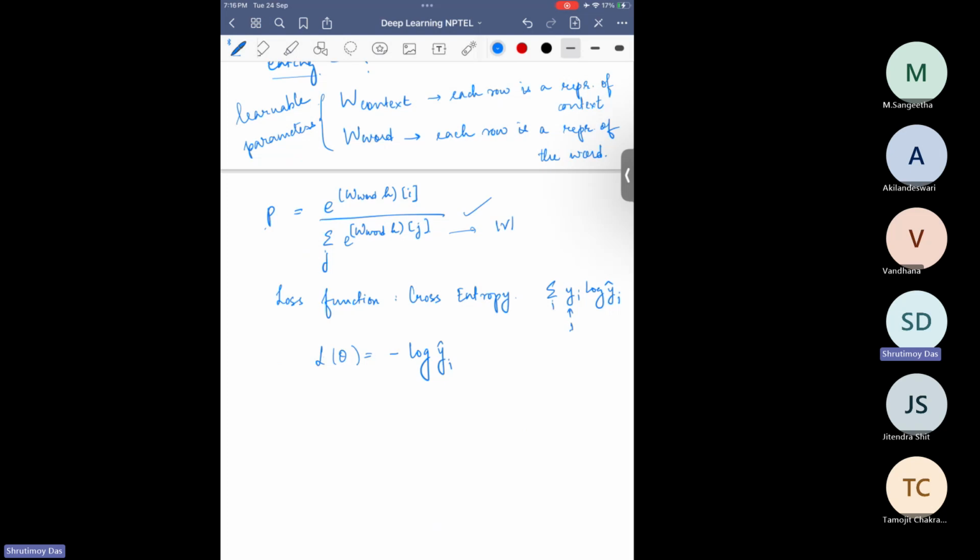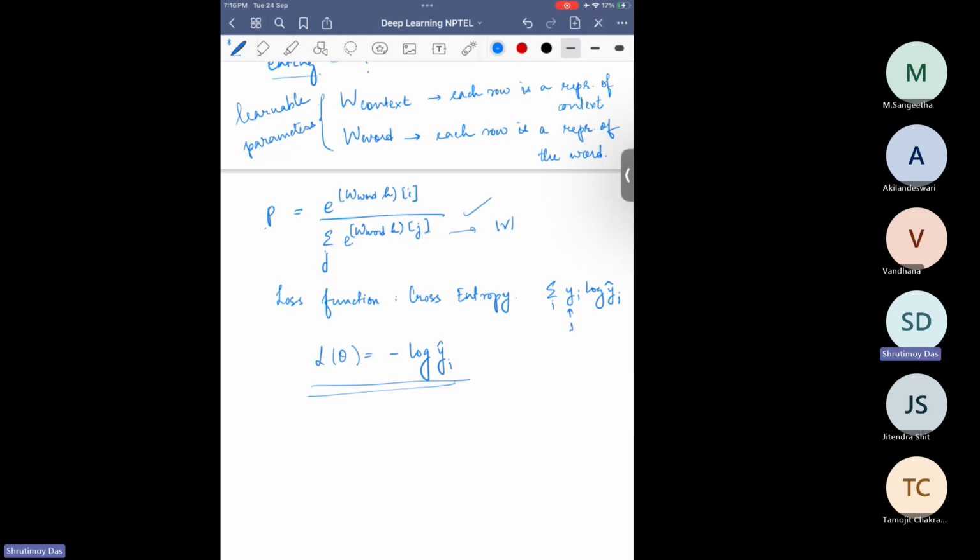If you put it in this equation, you will get some nice form on which we can train the neural network. If you minimize this, you can train a neural network, because now you have a loss function, an objective that you want to minimize, and then you have your input.